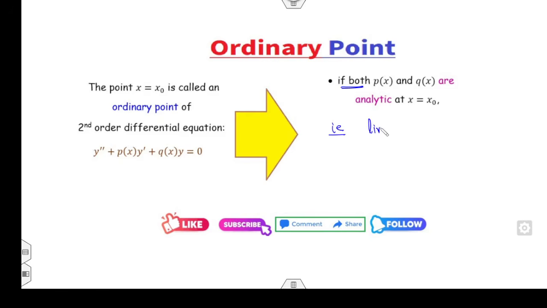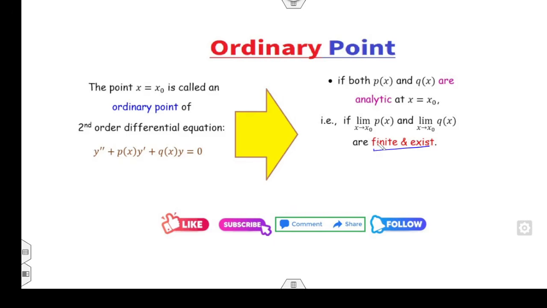That means the limit as x approaches x naught of p(x) must be finite and exist. Similarly for q(x), the limit as x approaches x naught of q(x) is finite and exists.